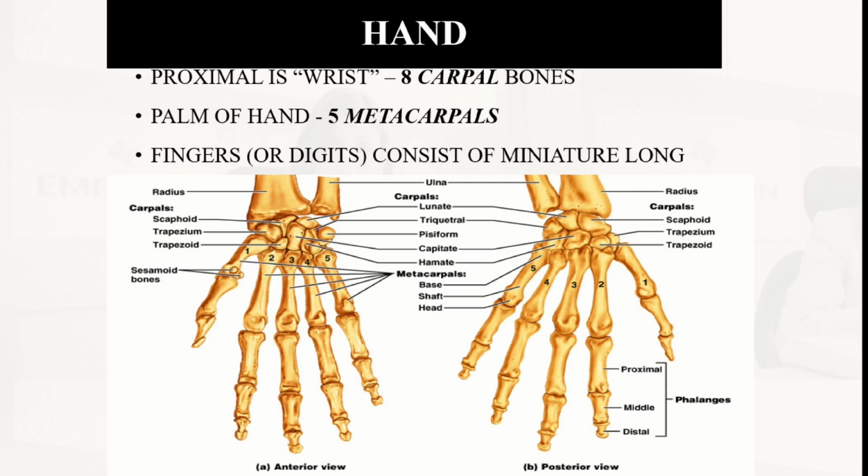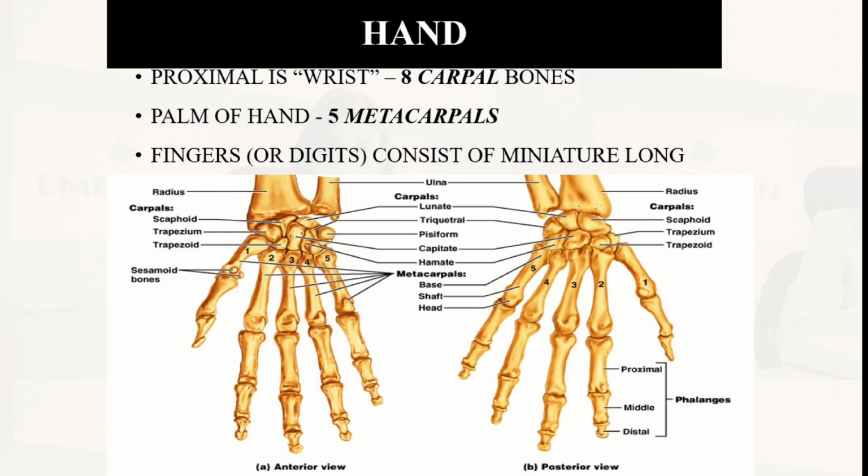Okay, then the hand: proximally is the wrist and it has 8 carpal bones. Okay, so the hand has the carpal bones, and these are the 8 carpal bones: the scaphoid, trapezium, trapezoid, lunate, triquetrum, pisiform, capitate, and hamate.